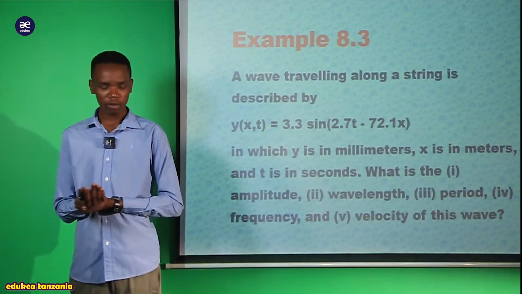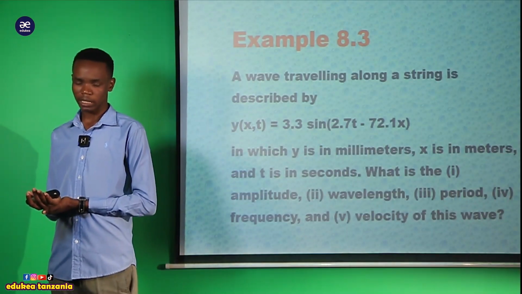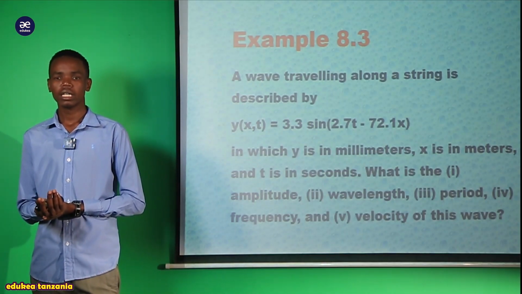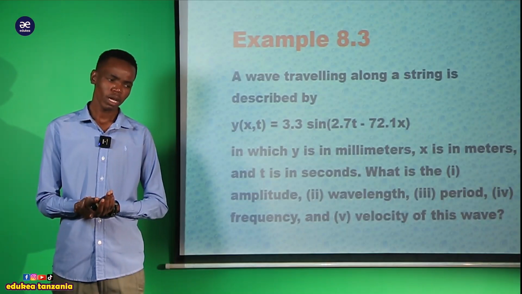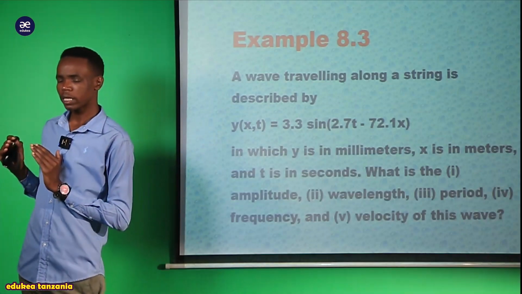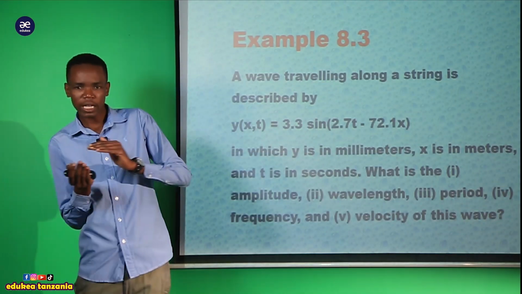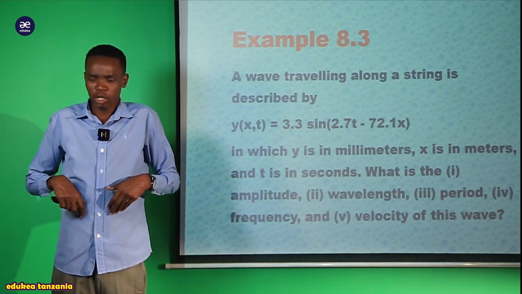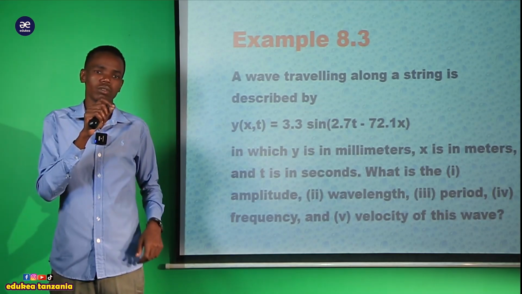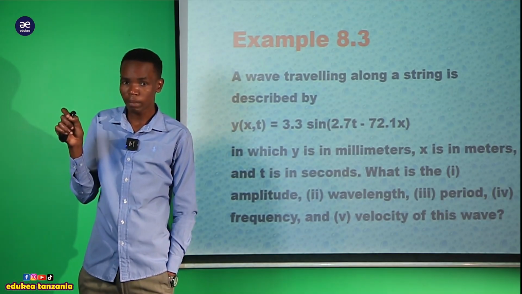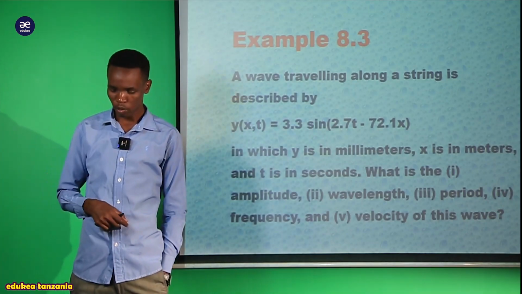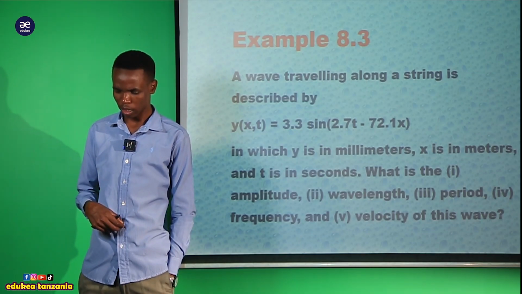Conversely, if the particles are moving from right to left, their displacement can be expressed as a sine bracket wt plus kx. So in general, their displacement is a sine bracket wt plus or minus kx, my lovely students.